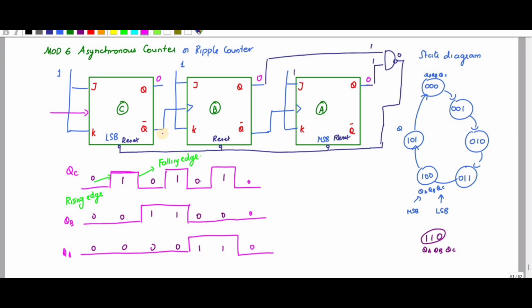Okay, so you can give from Q bar to the rising edge of the clock of the next stage, or from Q, if you give Q as an input to the falling edge of the next stage flip flops, then also it will work as an up counter.